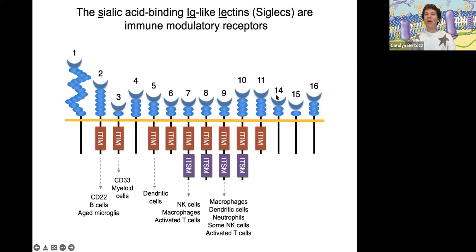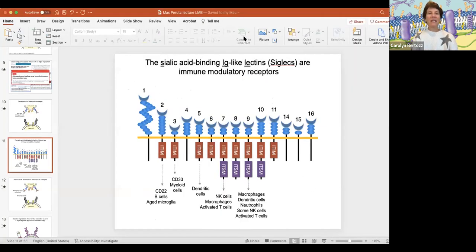So Siglec-4, 14, 15, 16 actually have activating motifs in their cytosolic domains, so they can deliver an activating signal to the immune cell. And so it's entirely possible that there are some activating signals that can be delivered from some of these sialoglycans, but people have not studied those Siglecs in any great detail, so we just don't know much about them.